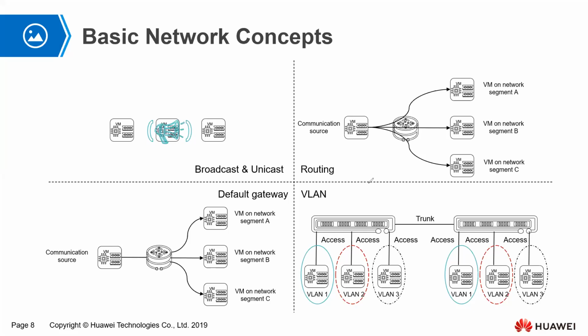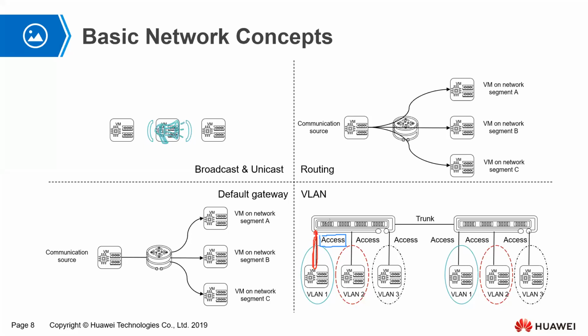One of the links that we should look out for is the access link. The access link connects a host to a switch. We have our virtual machine here, or our physical host, and the access link connects the host to the switch.